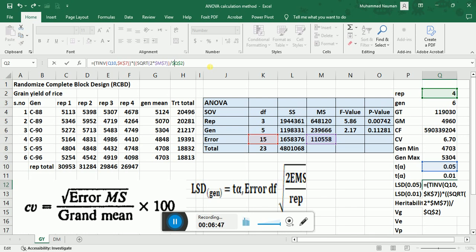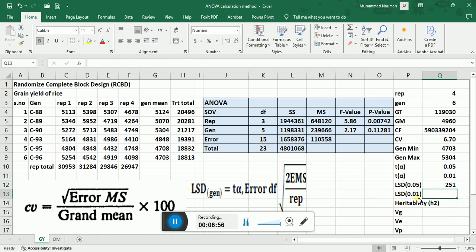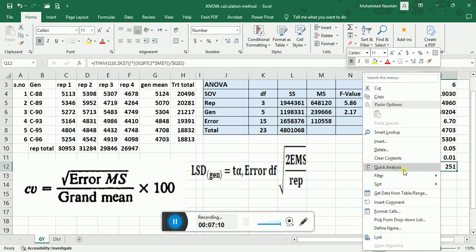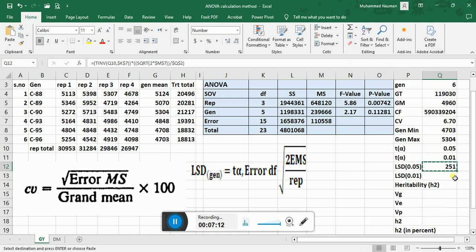The formula is completed. Now we will press the enter to get the answer. 251. Now we will drag this value downward or copy this value, and paste it here.